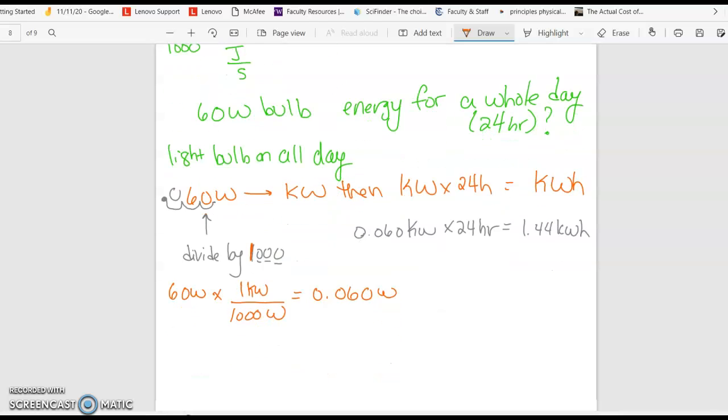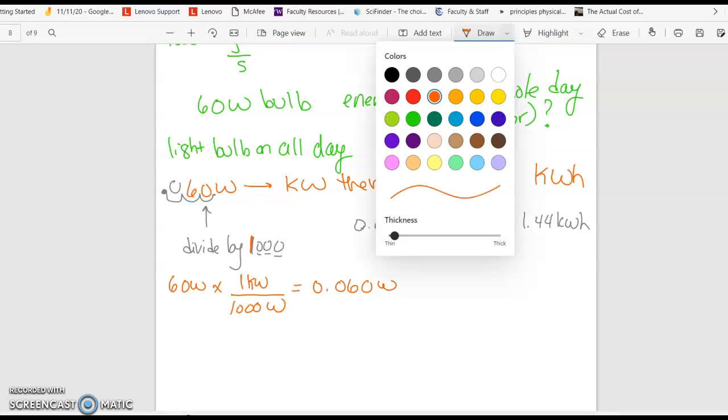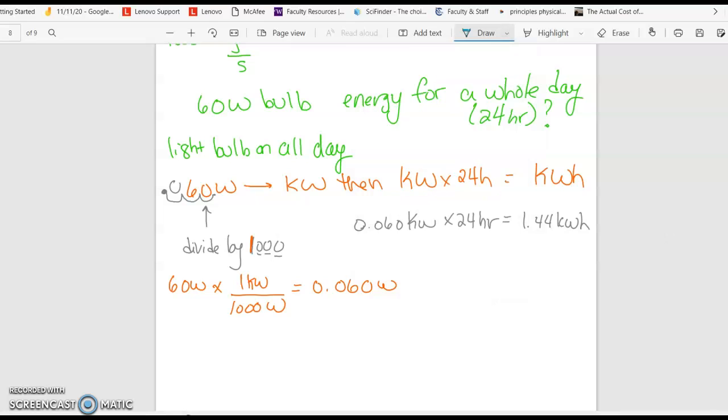All right, so what do we do with this number? Well, most electricity bills charge between like 10 to 20 cents per kilowatt hour. Now this is the cost, not the actual cost. That's the whole point of my class.